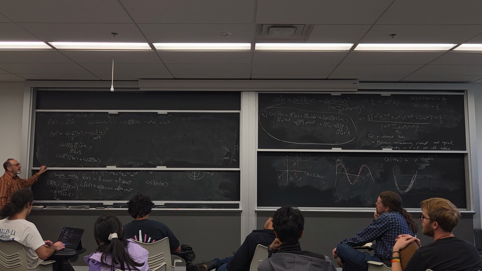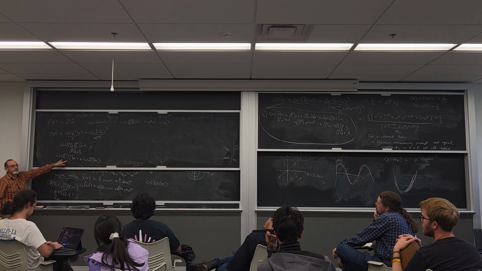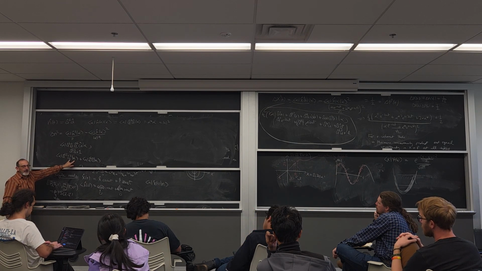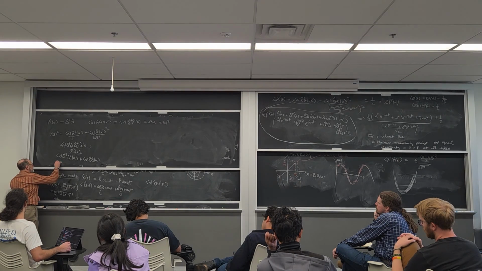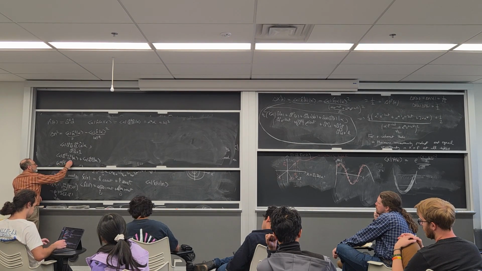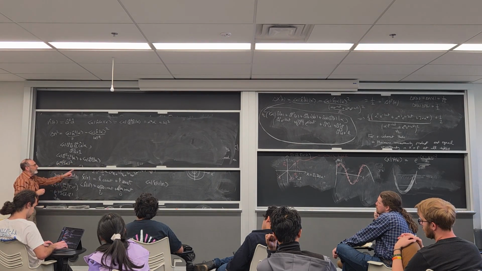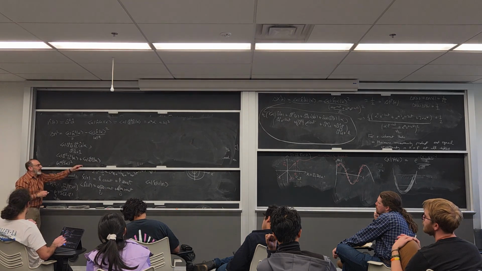Right? And this is what? Alpha squared, alpha star squared, which is alpha to the 4th. And what's this? Alpha.